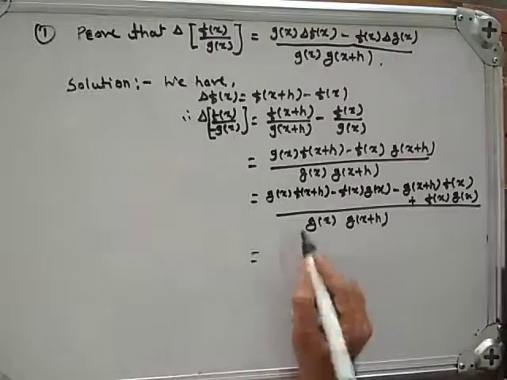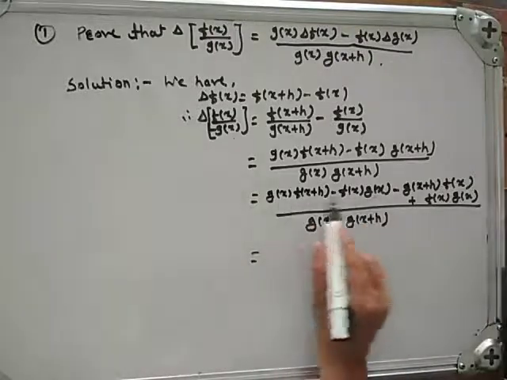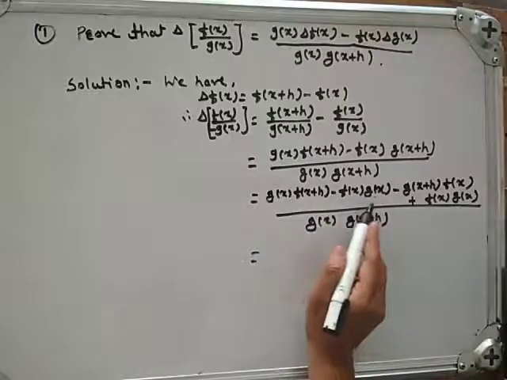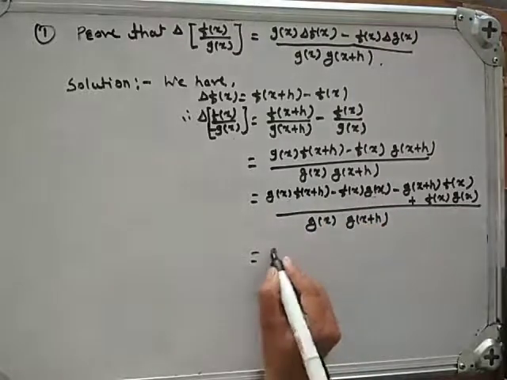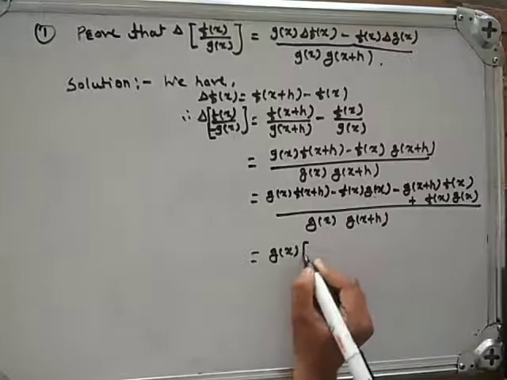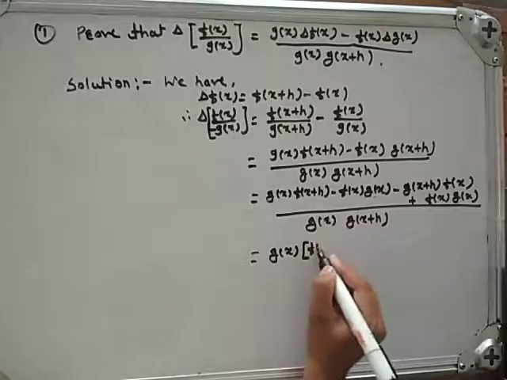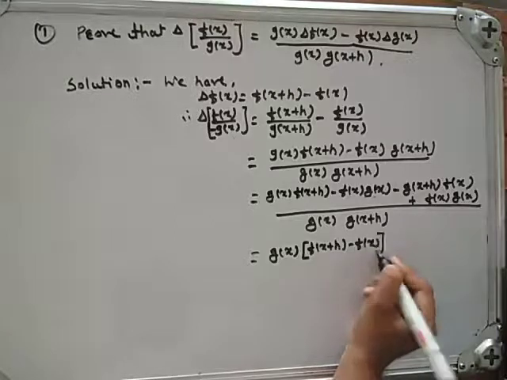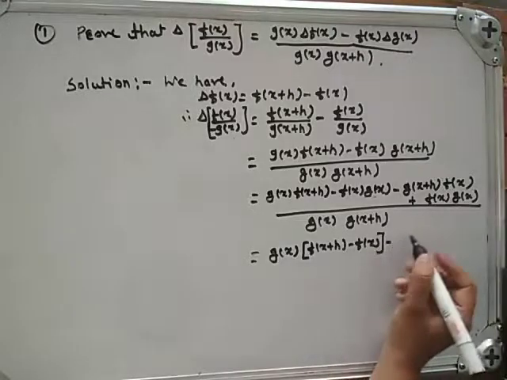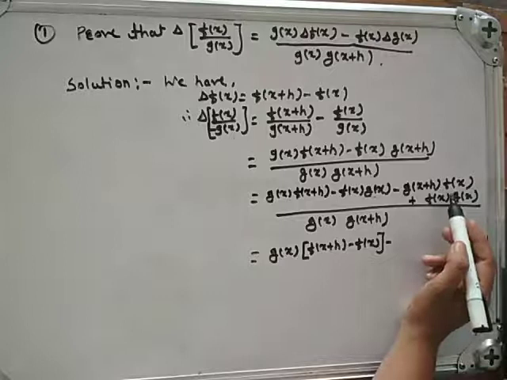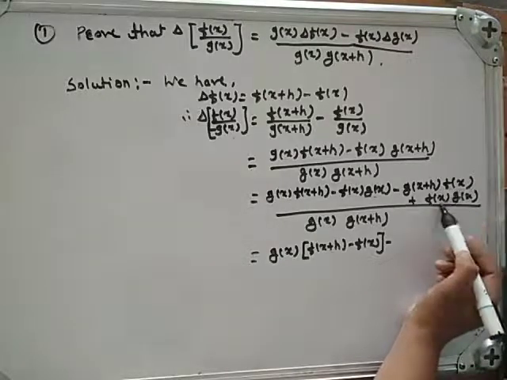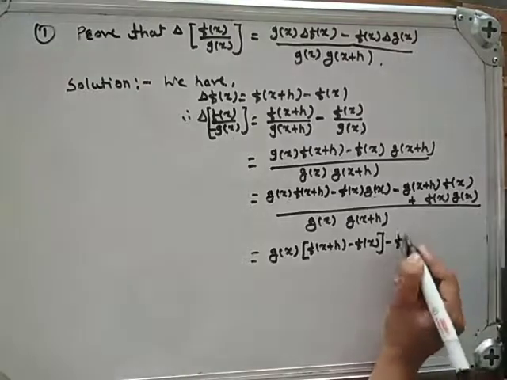equal to, observe these two terms. In this term g of x is common, so take it outside. g of x in bracket remains f of x plus h minus f of x, minus, see here in these two terms f of x is common, so take it outside.